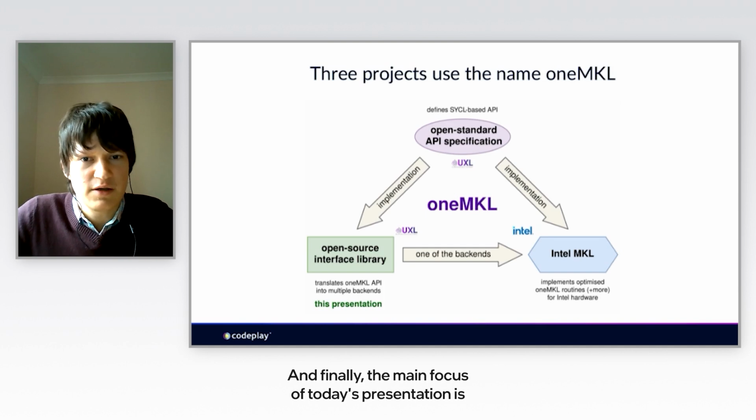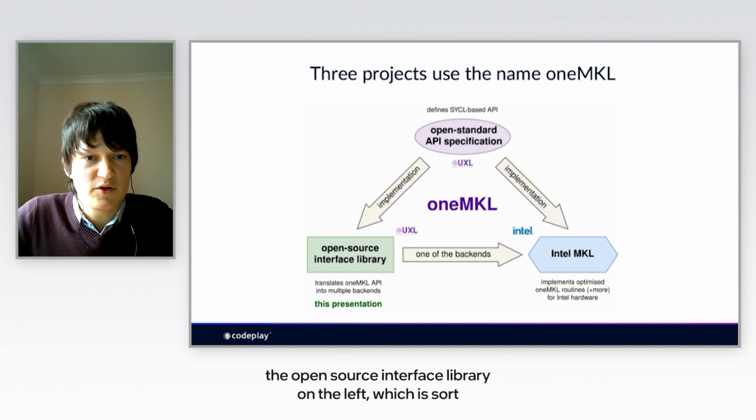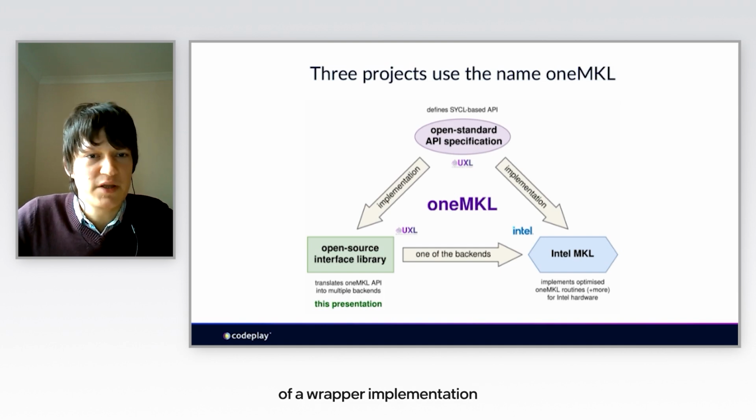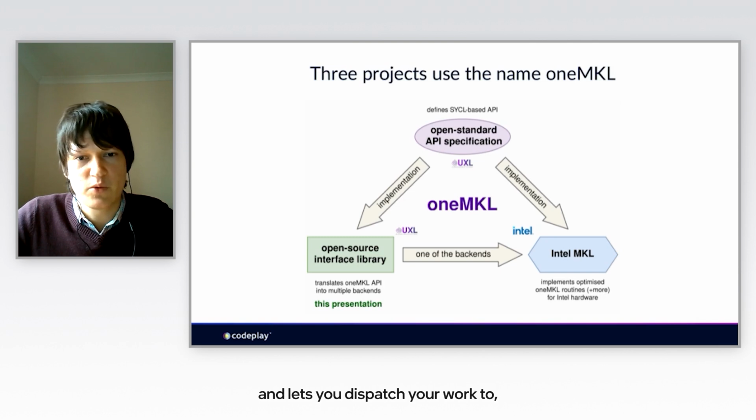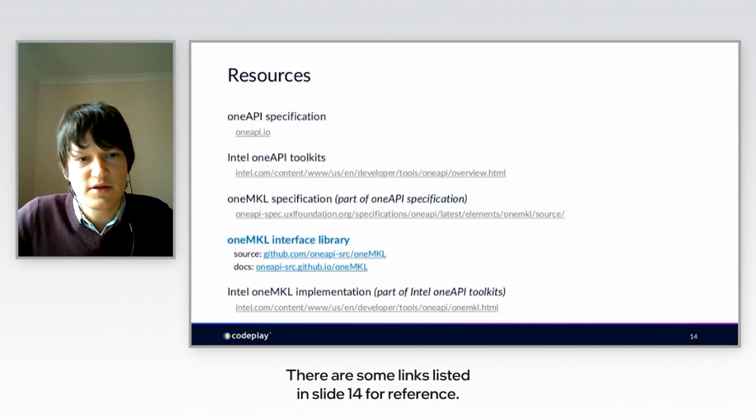And finally, the main focus of today's presentation is the open source interface library, a sort of wrapper implementation that lets you use many different backends. It implements the open standard API and lets you dispatch your work to different backends, as we'll see in a few seconds. There are some links listed in slide 14 for reference.